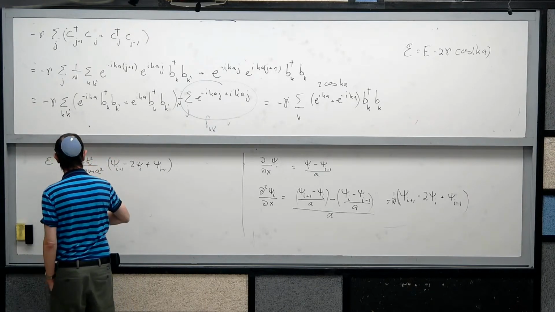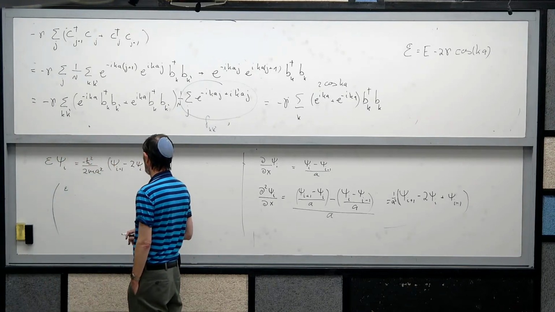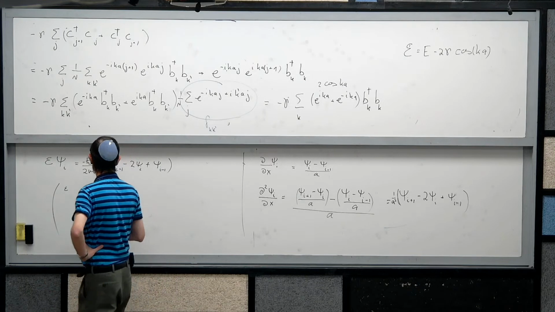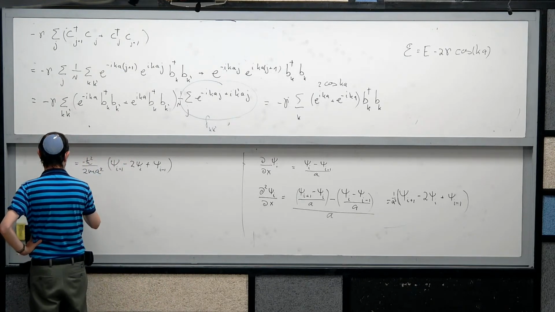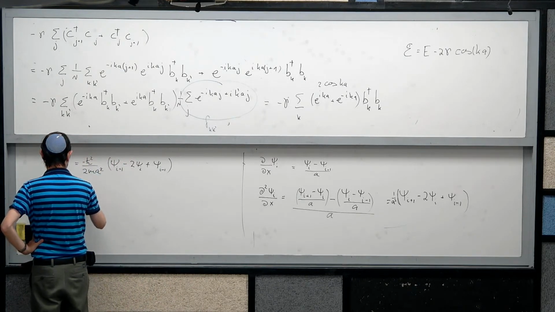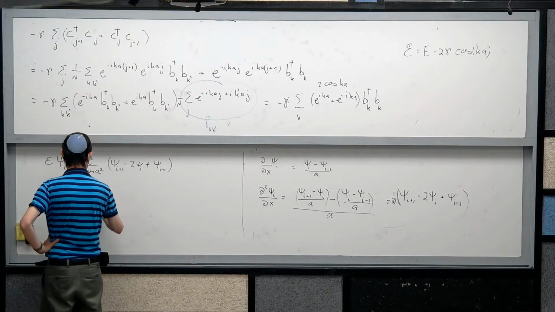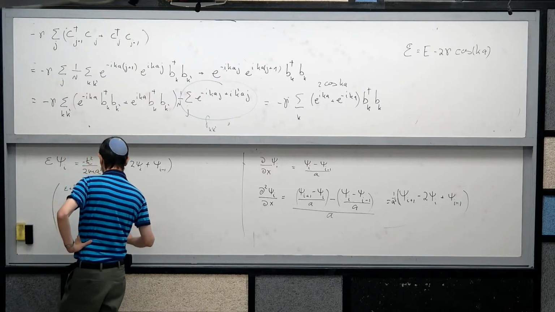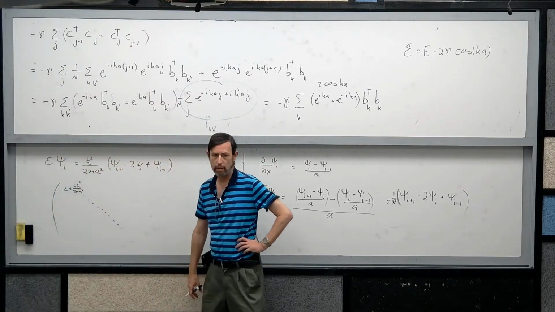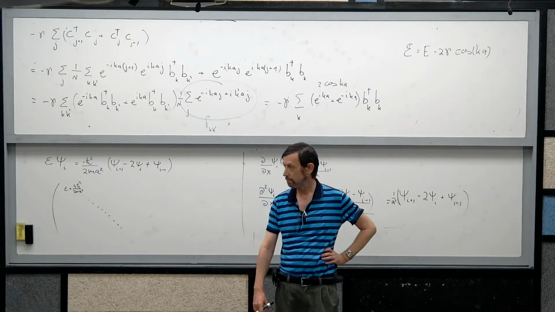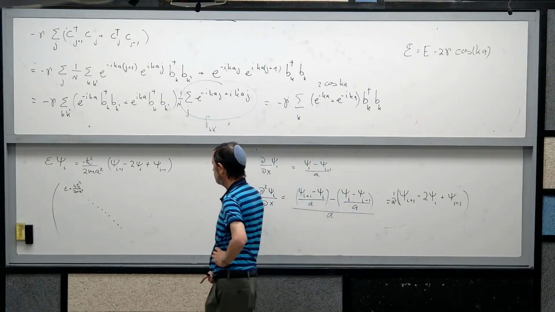And this is the term along the diagonal. Right, 4.